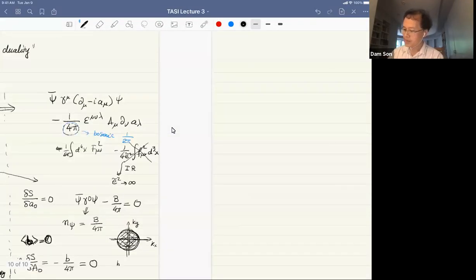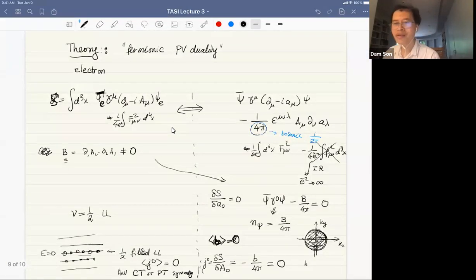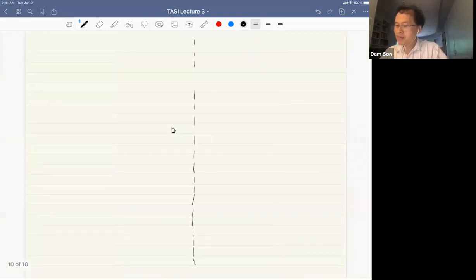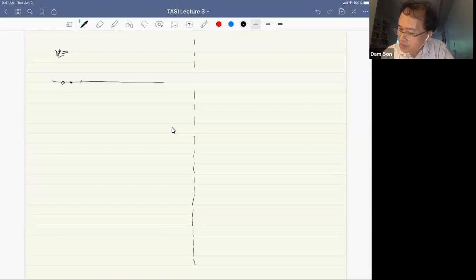Okay, so let's do one more exercise and then we are done today. Let's try to explain what happens when the Landau level is filled to filling factor n divided by 2n plus 1.